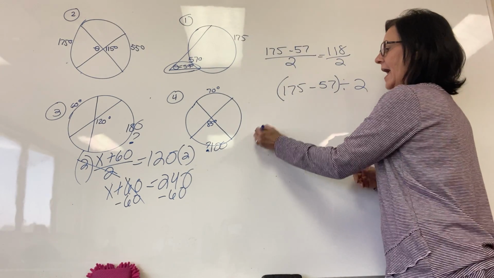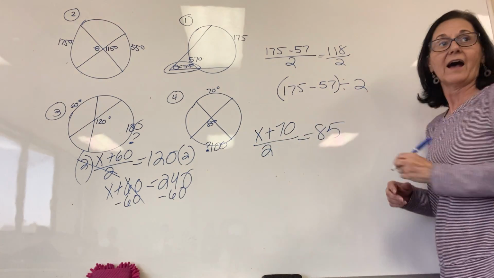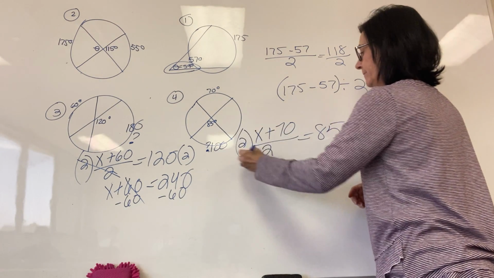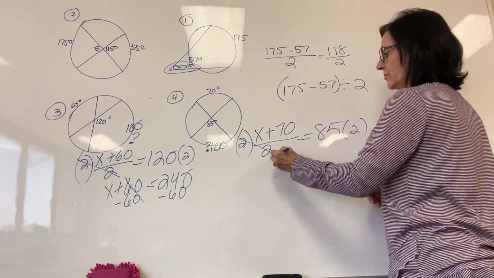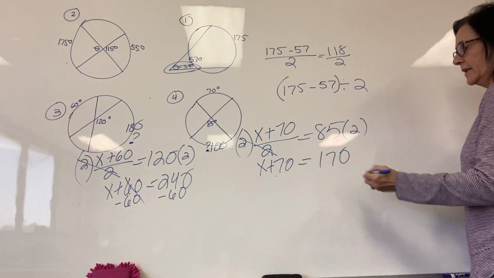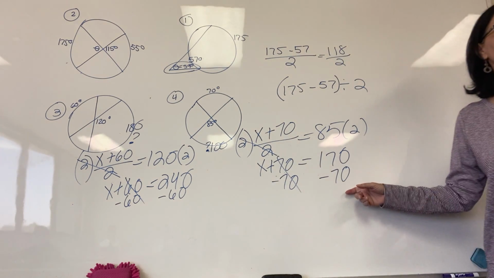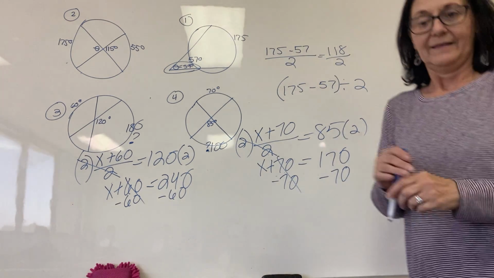Because it would have been x plus 70 divided by 2 is 85. You multiply both sides by 2. We have x plus 70 equals what? That's 170. Subtract 70 so that x is 100 degrees. All right.